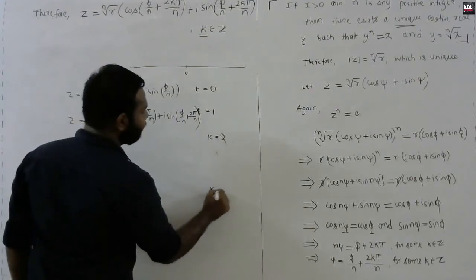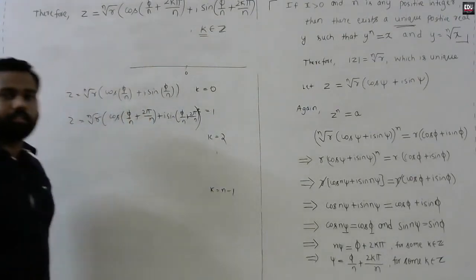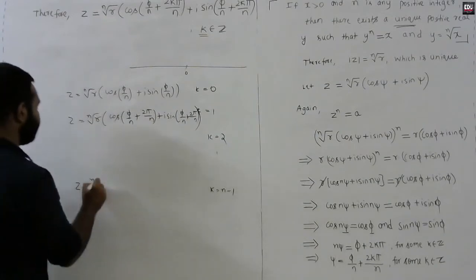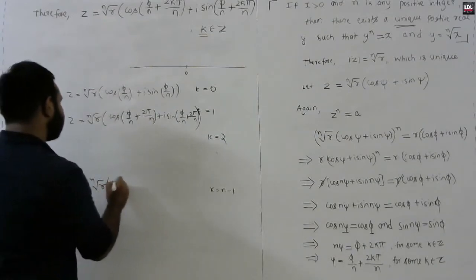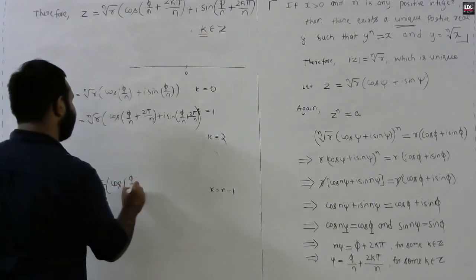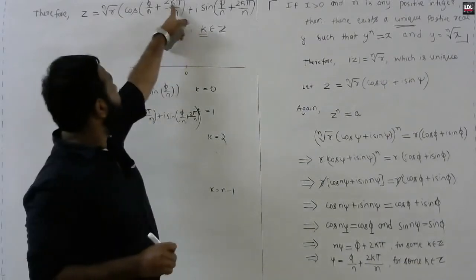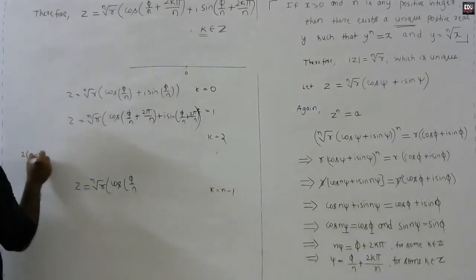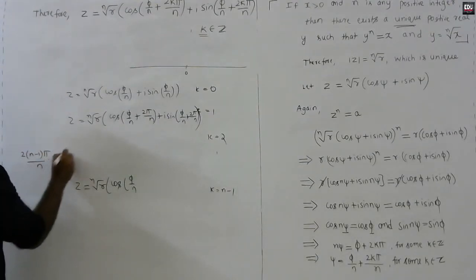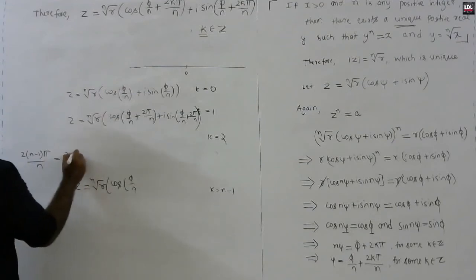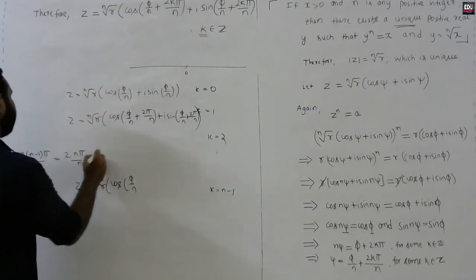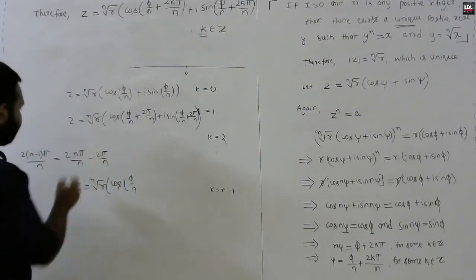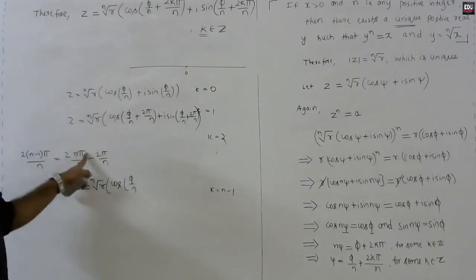So if I put k equal to n minus 1, what will be z? Z will be nth root of r into cos of phi by n plus 2 into (n minus 1) pi by n. So it will be 2n pi by n minus 2 pi by n, so n gets cancelled and it is just 2 pi.